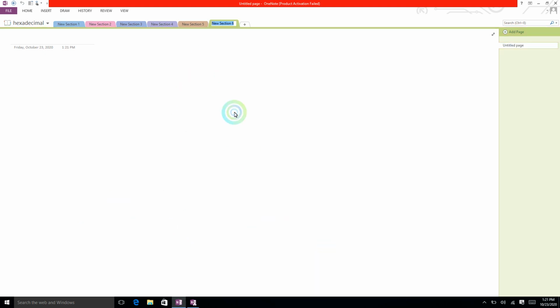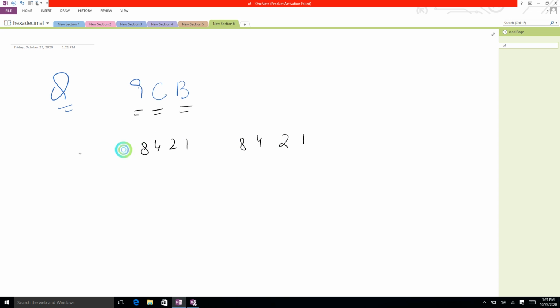Let's take another example. For example, if I say 9CB, this is another example, okay. So it means from B we get 4 binary values, okay. The weightage pattern will be the same, 1 2 4 8, 1 2 4 8 for C, and 1 2 4 8 for this 9.